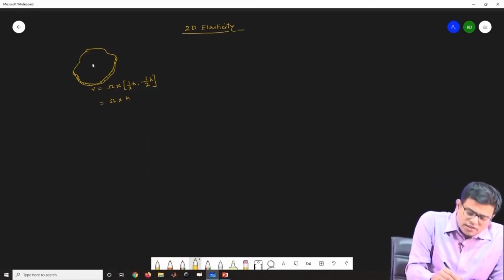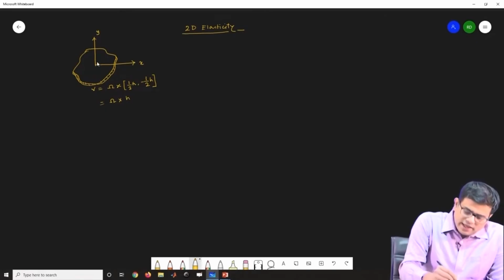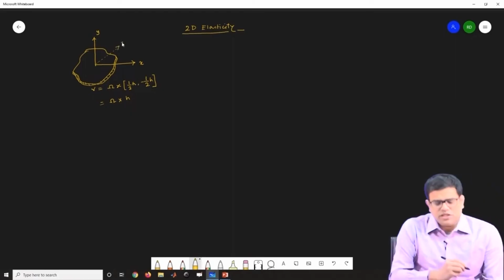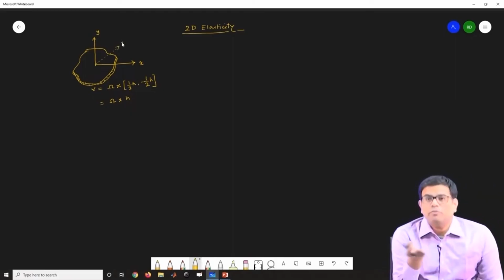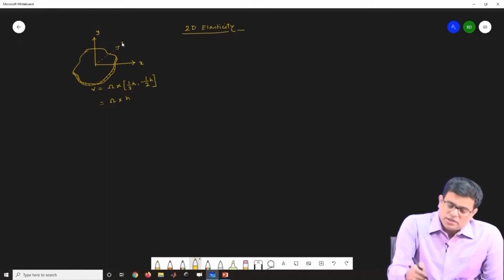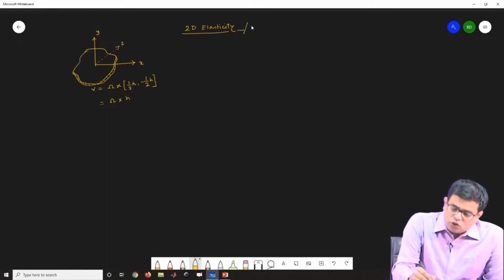If I draw the coordinate system associated with this body, this is the x direction, we will also call it one direction, and there is a z direction, which is essentially in this direction. So it's a planar body, or plane elasticity, as it is sometimes called.